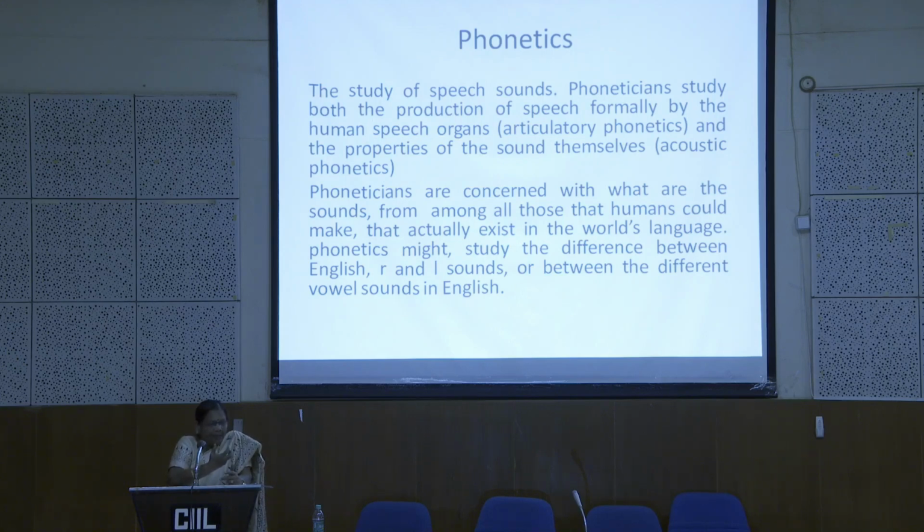What is the sound? The sound starts from the abdomen or the lungs and goes out through our mouth. Without any stop in the mouth region, you are able to produce vowel sounds: A, E, U, like that. There is no obstruction in the mouth region.